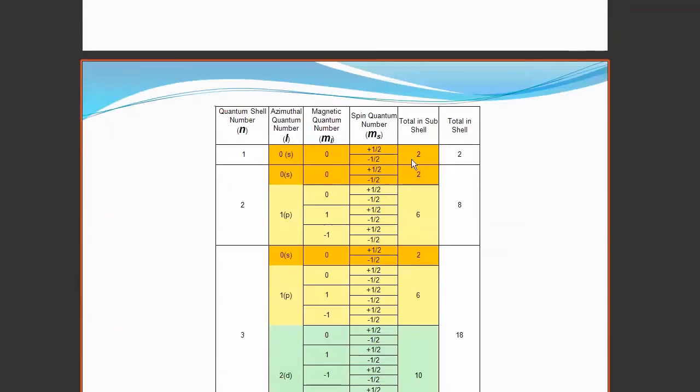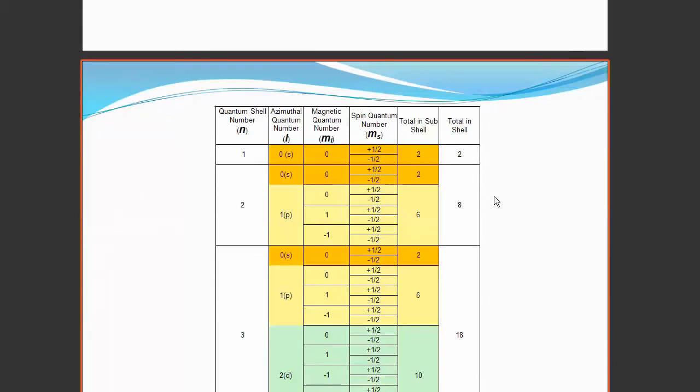This tells us that in the first shell, we can only accommodate 2 electrons. The orbital quantum numbers for these states are given by n equals 1, L equals 0, m equals 0, and the spin quantum number can have a value of +1/2 or -1/2.